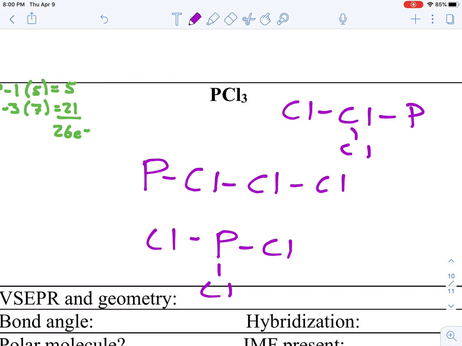It turns out that we always put the least electronegative atom in the middle, which is very often the one that is drawn first. So phosphorus needs to go in the middle. There's some other clues here. On your periodic table, if you think back to electron configurations, chlorine has 1 place for an extra valence electron, so chlorine really only likes to make 1 bond.